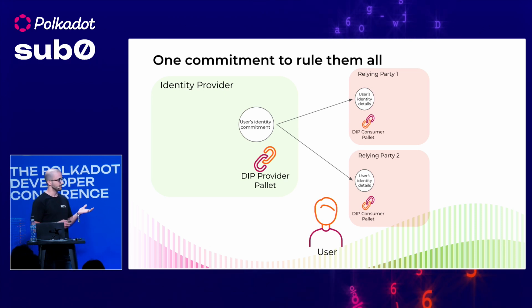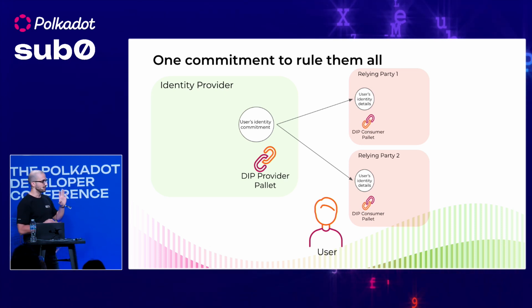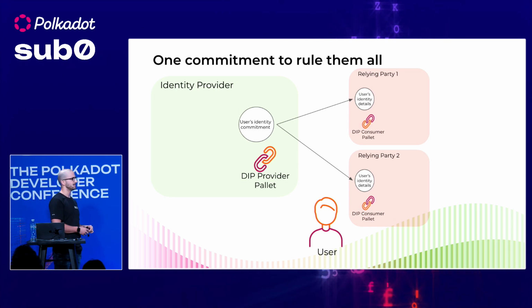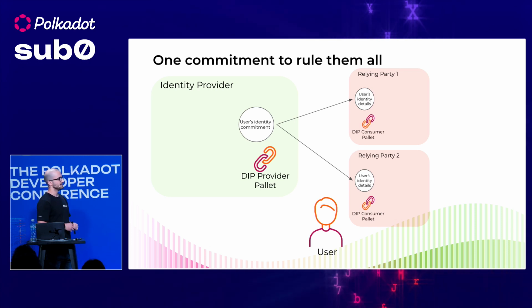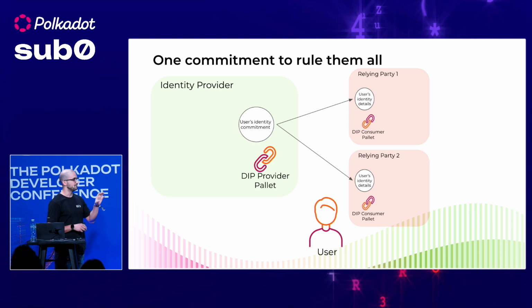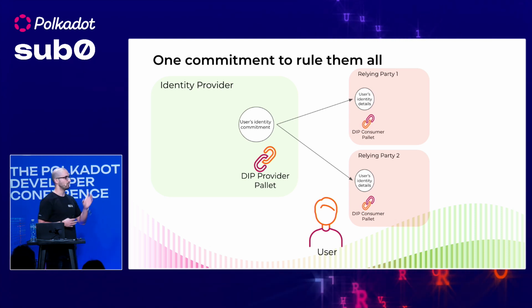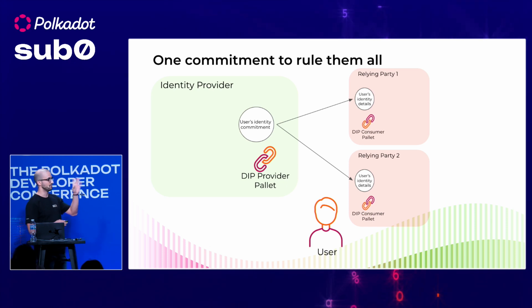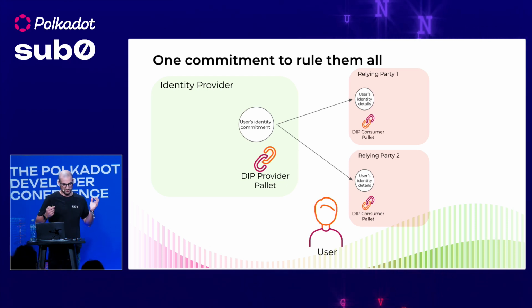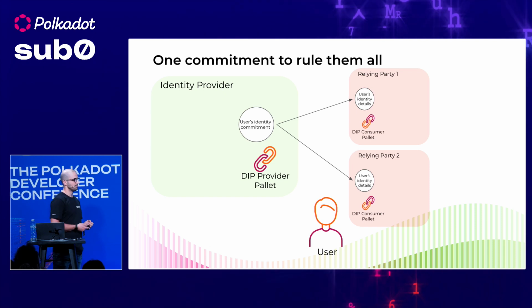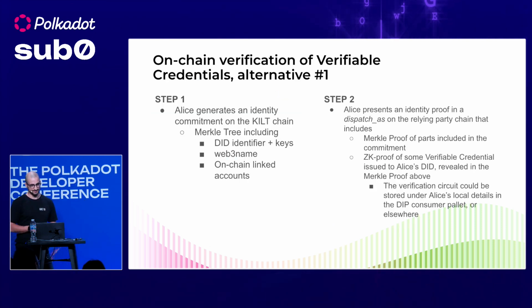So while the reference commitment is the same, each consumer chain could technically implement a different verification logic, expect a different proof type, do something else inside the proof verification, and also track different locally valid details for the same subject. So one might have cross-chain signatures and might want to track nonces. The other one might want to track something else, and I will provide examples later when I talk about a potential way to implement on-chain credential verification.